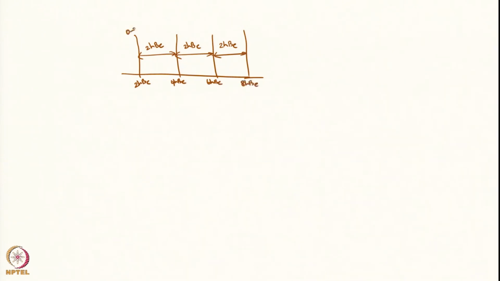This is from 0 to 1, this is from 1 to 2, this is from 2 to 3 and this is from 3 to 4. These are the values of J.